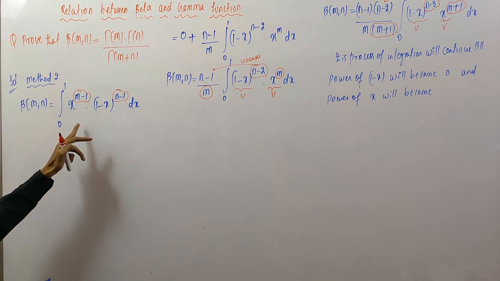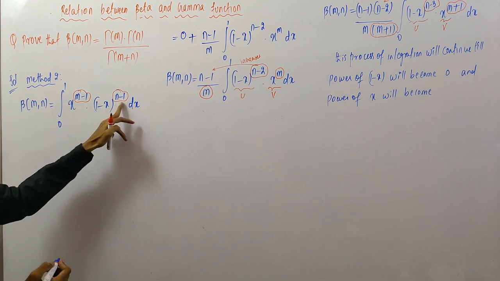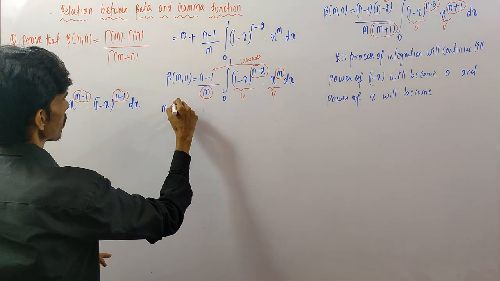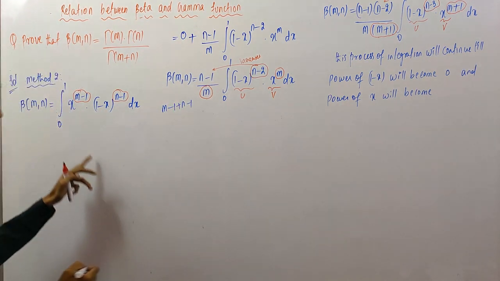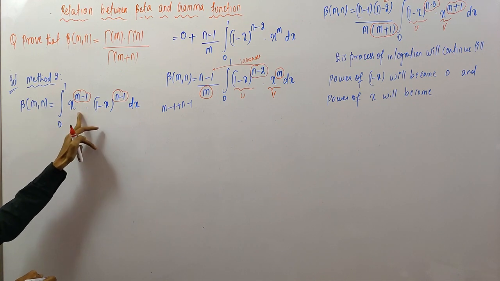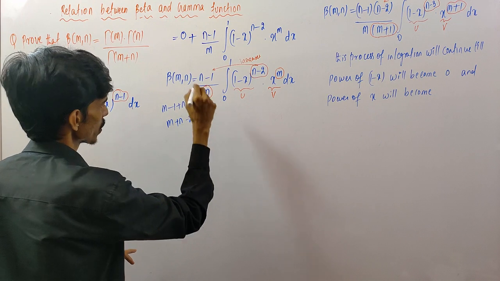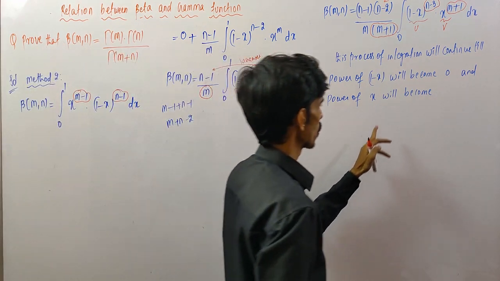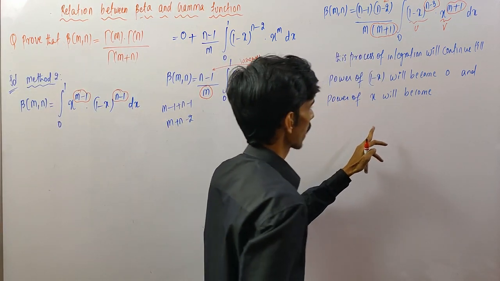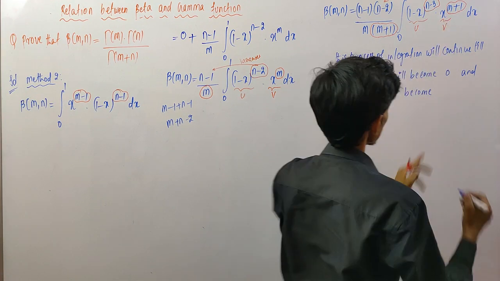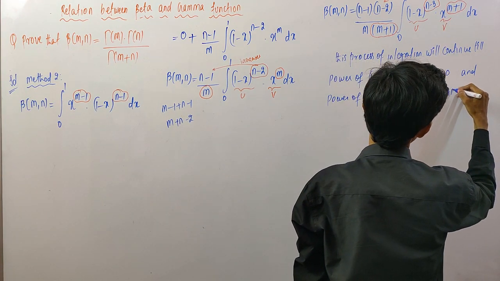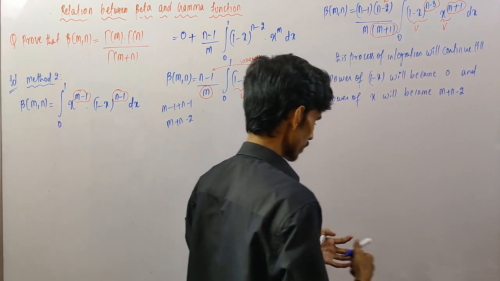The highest power of this function can be obtained by adding these two, m minus 1 plus n minus 1. If I add the power of these two terms, we will get the power of the highest term. So we have m plus n minus 2. So this process of integration will continue till the power of this x will become m plus n minus 2.